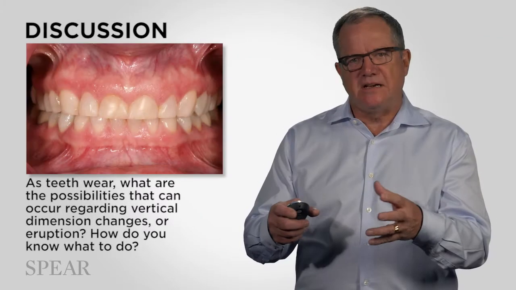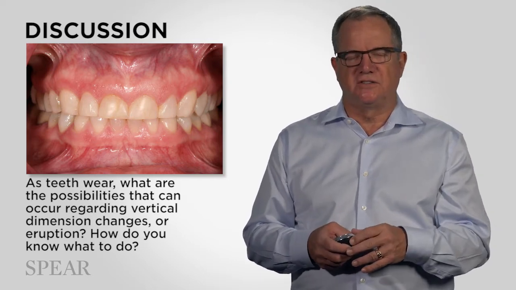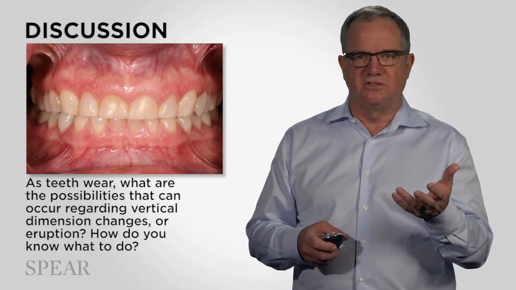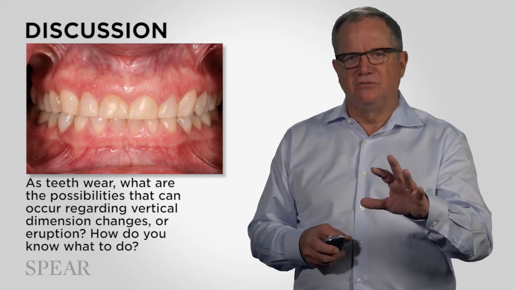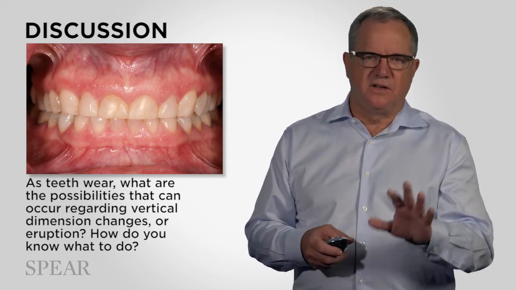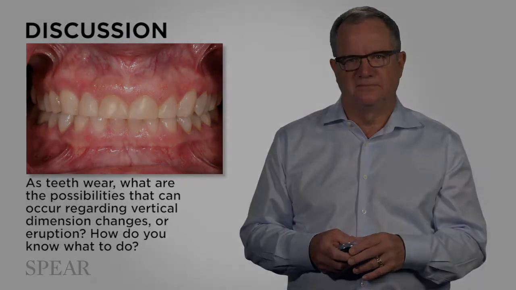And really the key I want you to think about is, if you were going to treatment plan this patient that's on the screen, how would you know what to do? Would you change vertical dimension? Would you change the tooth position? What are the factors you look at that help you make those decisions? So go ahead, let's pause the presentation and have that discussion.